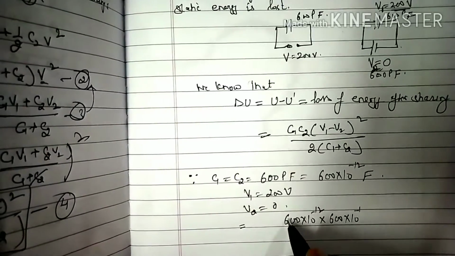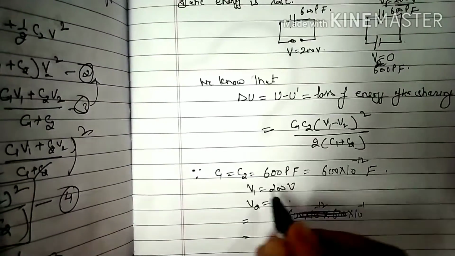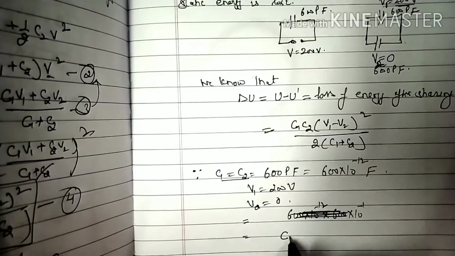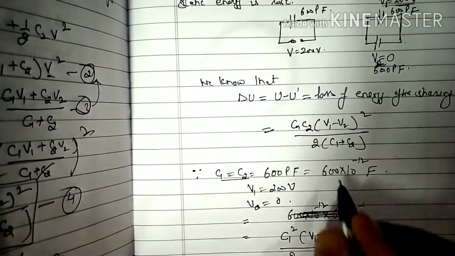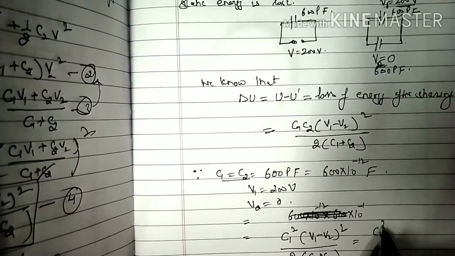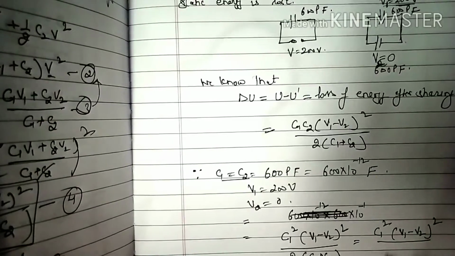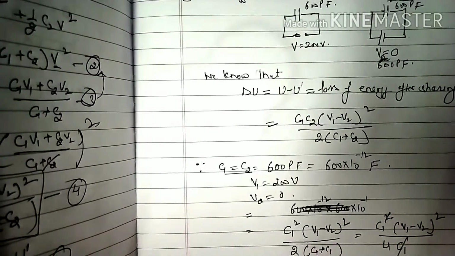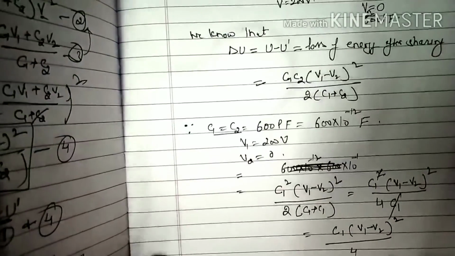First simplify this equation, then it becomes very easy, because C1 is equal to C2. So we will write here C1 square V1 minus V2 square over 2 and C1 plus C1, that becomes C1 square V1 minus V2 square over 4 C1, it will cancel, we are left with C1 V1 minus V2 square over 4.